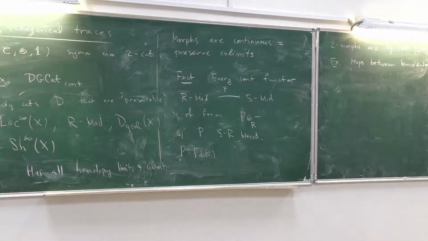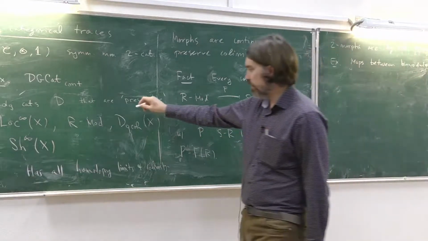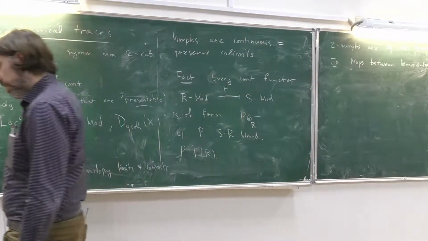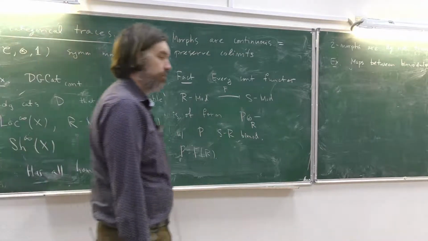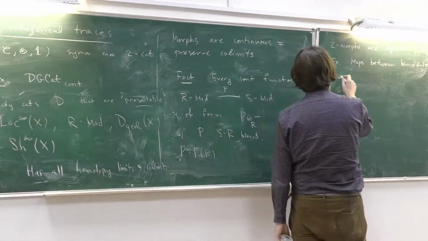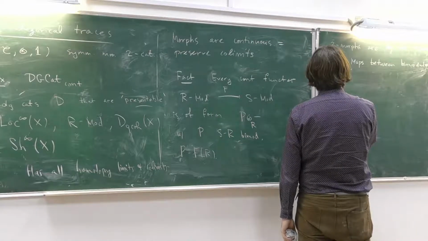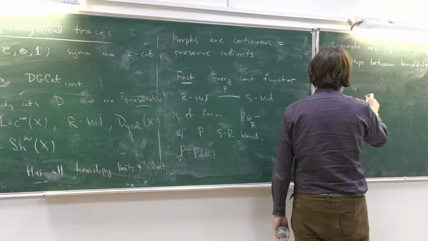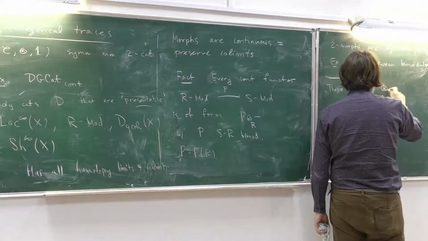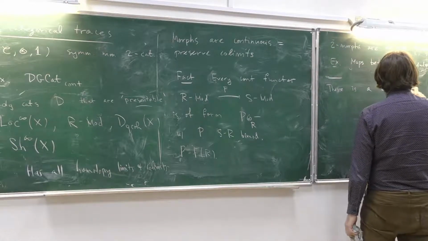So this is the setting in which we want to work, and a very nice feature of whatever presentable means is that there's a tensor product of presentable categories. There is a tensor product of presentable DG categories.